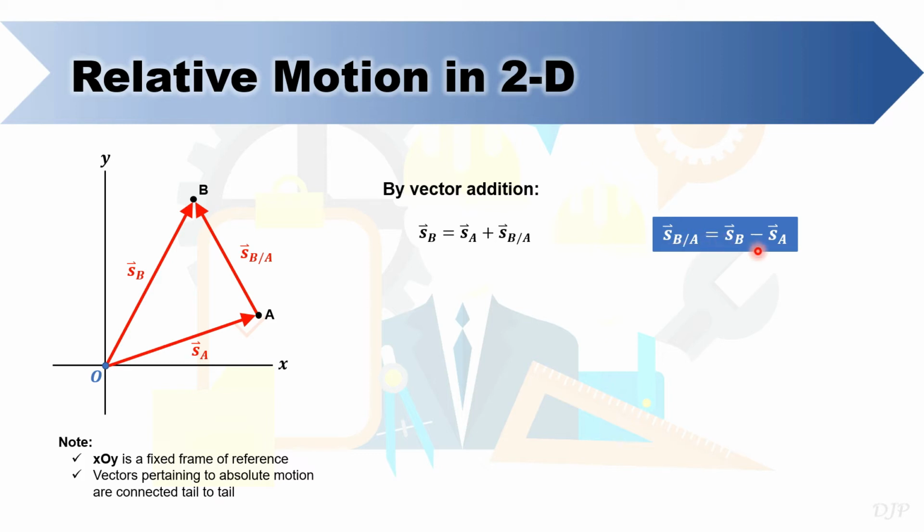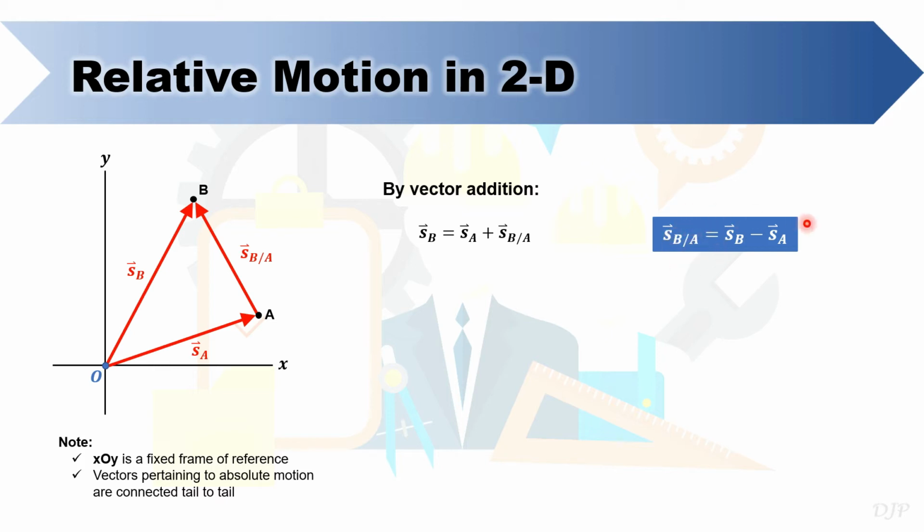So take note that, the same as with relative motion in one dimension, the pattern of the subscript still applies in this case. On the right side, the first term is the position of the particle designated as numerator in the subscript, then minus the position of the particle that is designated as denominator in the subscript.